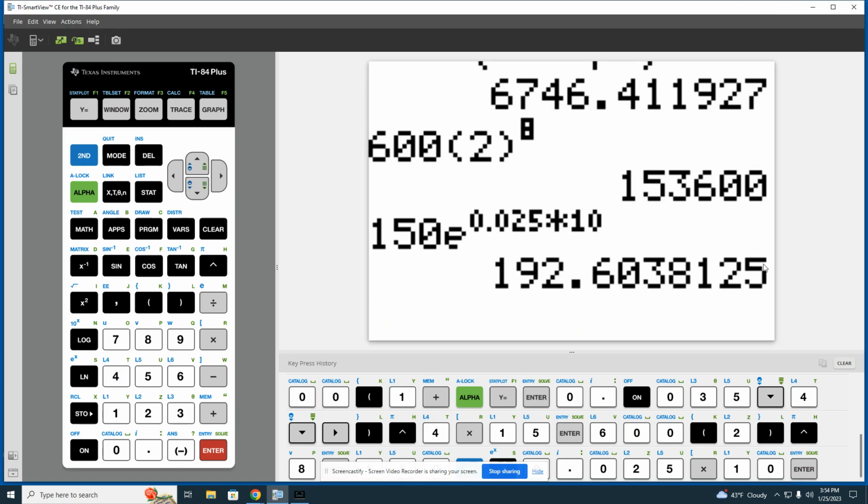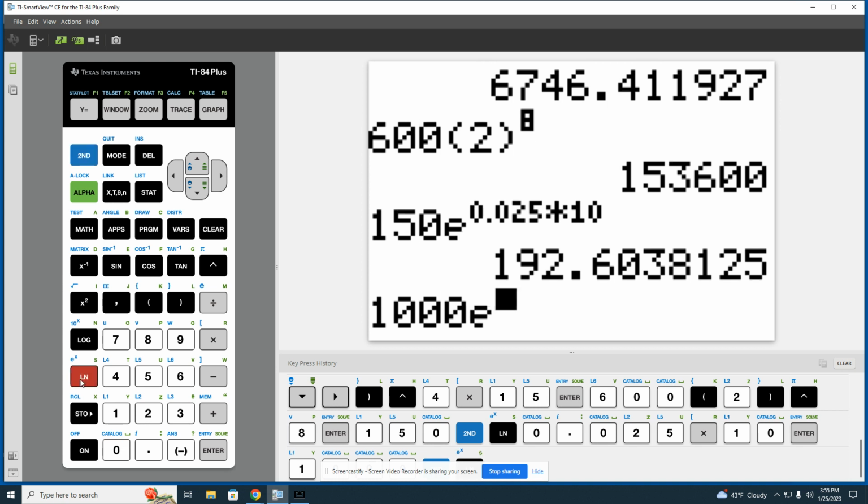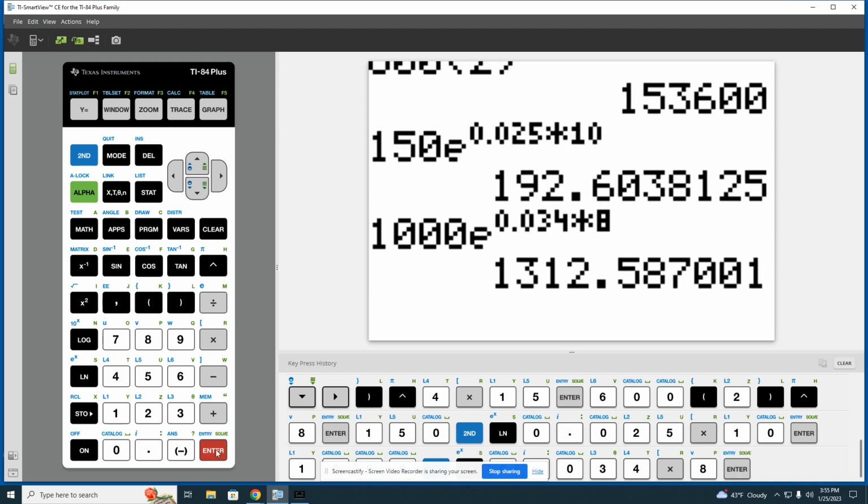So let's go type that in. 1,000 times e, second ln, we're going to put 0.034, that's our r, times our t value, or 8. So after 8 years, we expect $1,312.59.